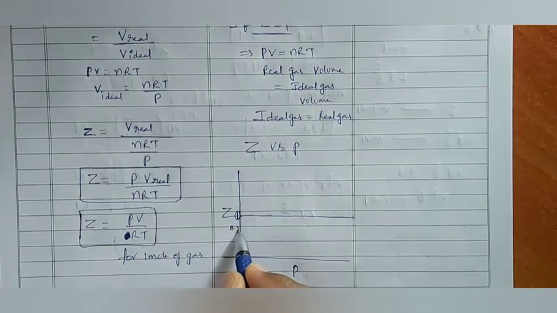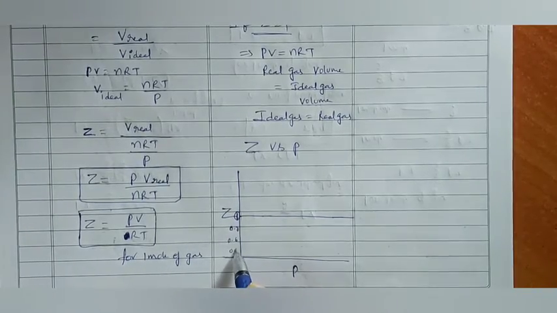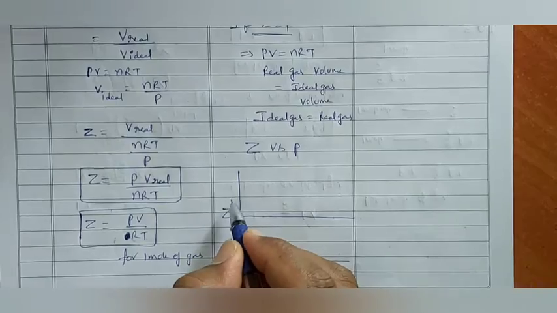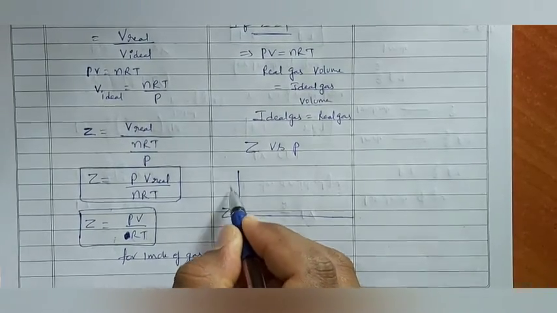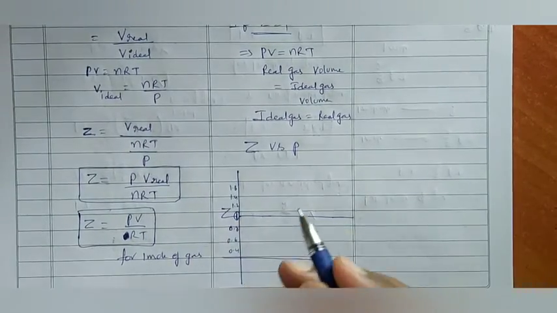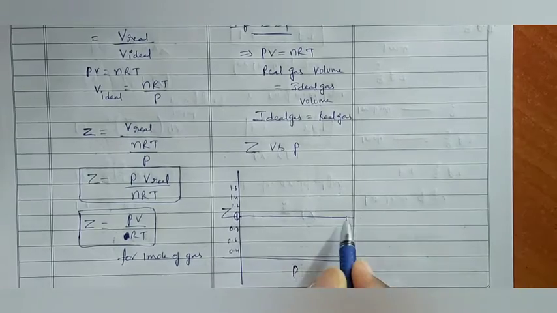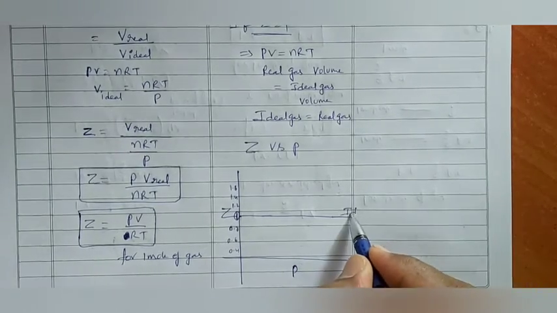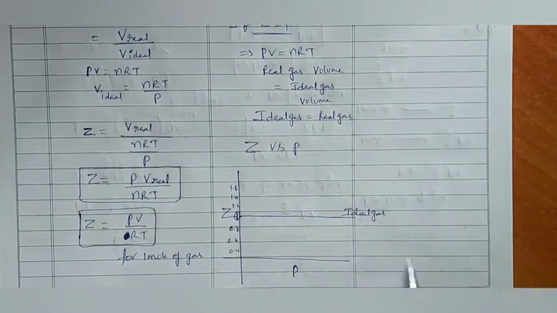Less than 1 is 0.8, 0.6, 0.4 like that. Greater than 1 is 1.2, 1.4, 1.6 like that. If Z is equal to 1, that gas is ideal gas. This curve is representing ideal gas.